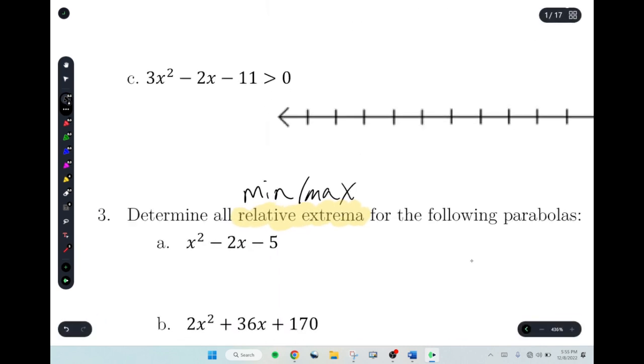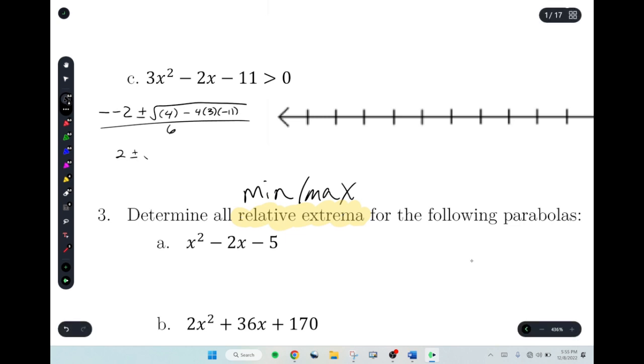This is 2C. -2 plus or minus the square root of 4 minus 4, 3, -11, all over 6.